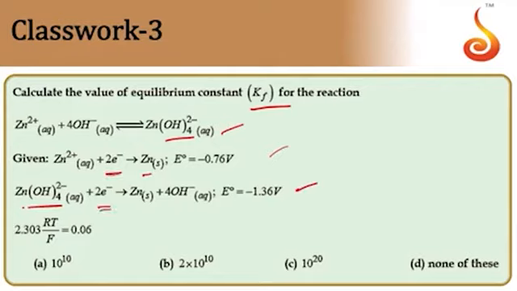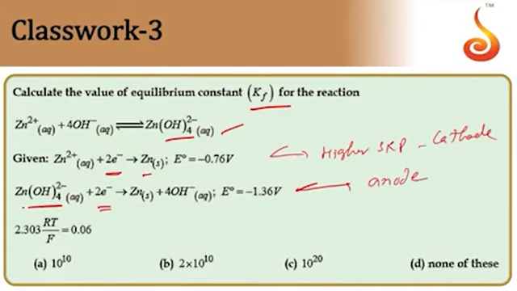Among these two, the higher SRP is the cathode. Among these two, the higher SRP will be zinc. This value is higher for us. So the higher SRP is nothing but the cathode, and the lower SRP acts as the anode.